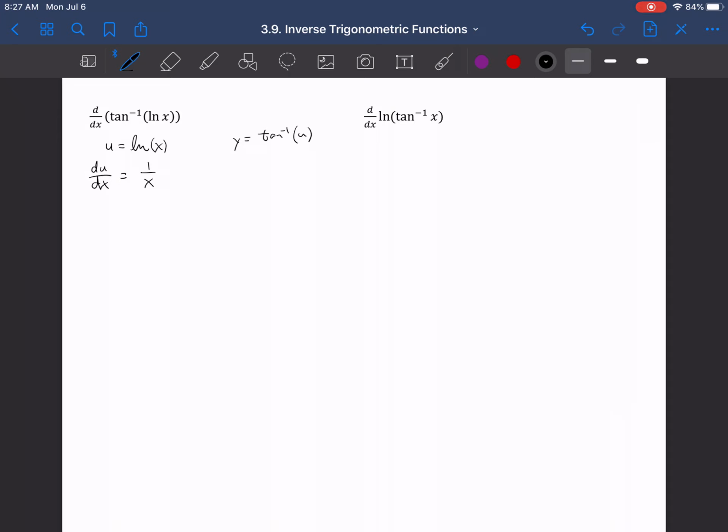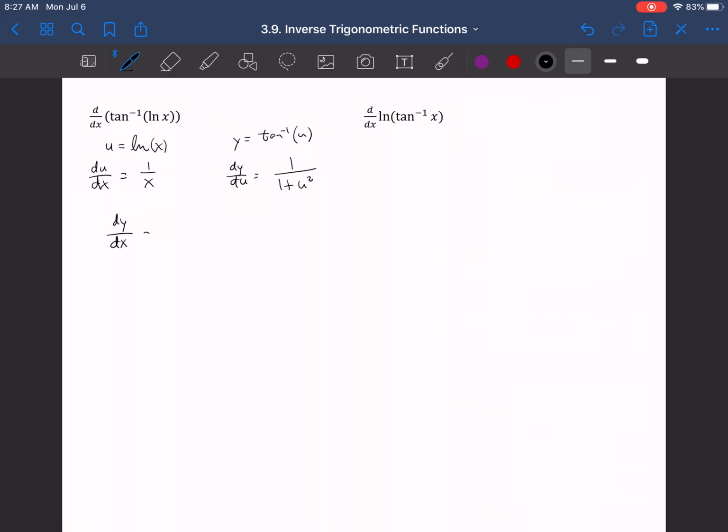The derivative of arctangent we just did on the previous page, so dy du is 1 over 1 plus u squared. All right, and then we come down here and we have dy dx, okay?